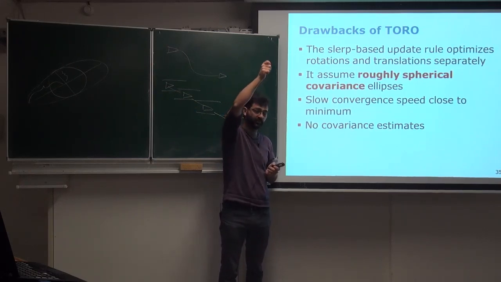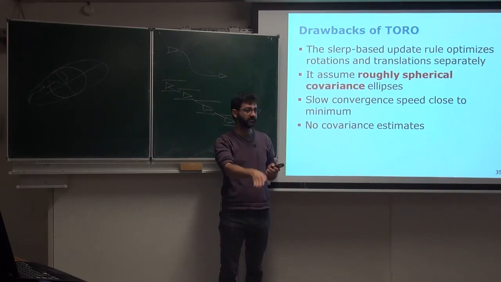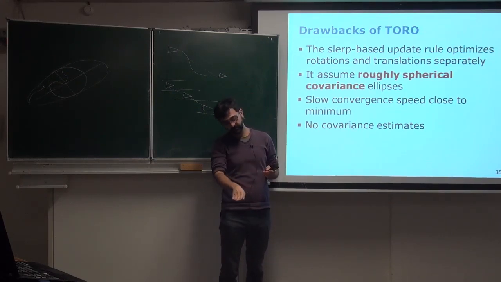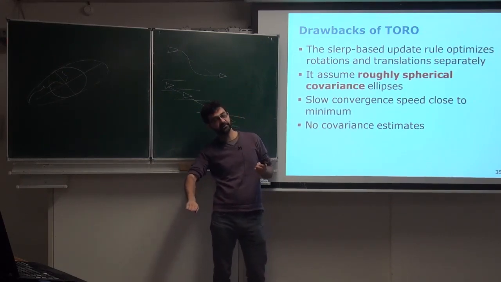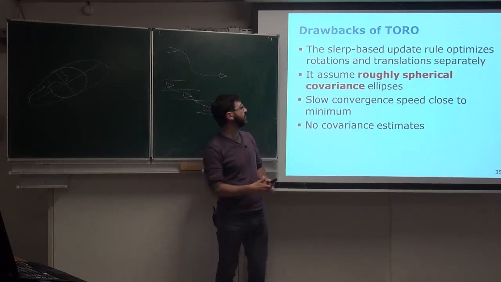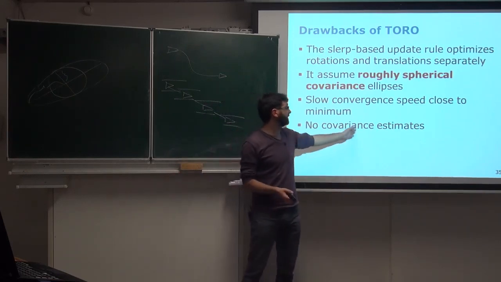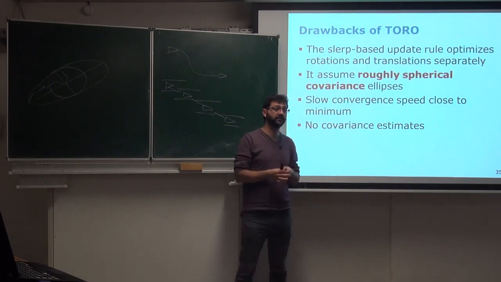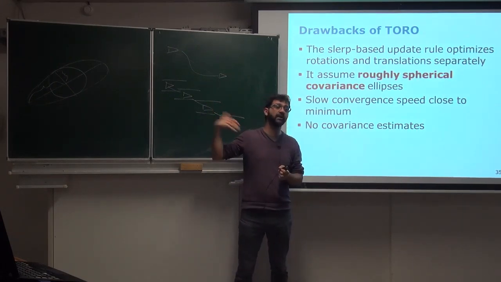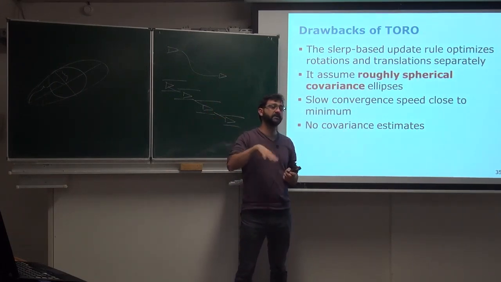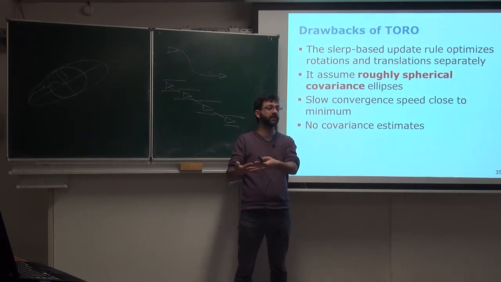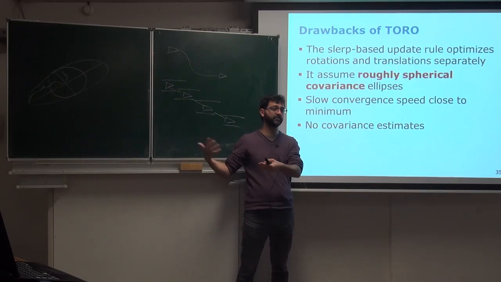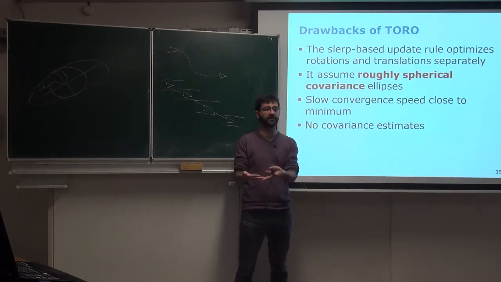And therefore, you go down very close to somehow a minimum, and then you will really slowly adjust until the learning rate goes to 0. And you don't have any measure of the errors at the end, because you don't get it directly from that, but you can still do it later on. So you can just then linearize everything at the solution given by SGD, and then do linear propagation of the measurement error to the state space.